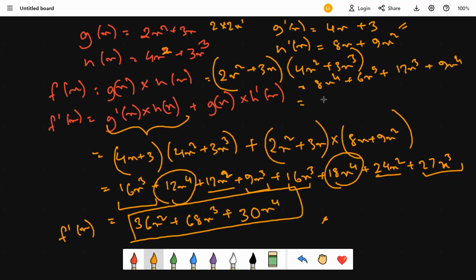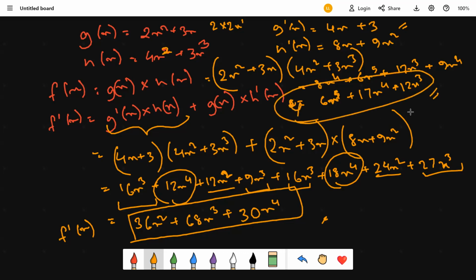So 6x to the power 5 plus 17x to the power 4 plus 12x cubed. From here we could have simply implemented the sum rule of differentiation. If we implement dy by dx here, we could have easily got the answer.